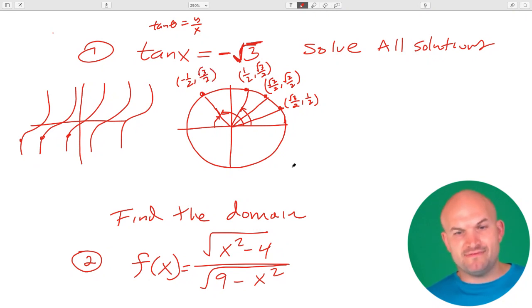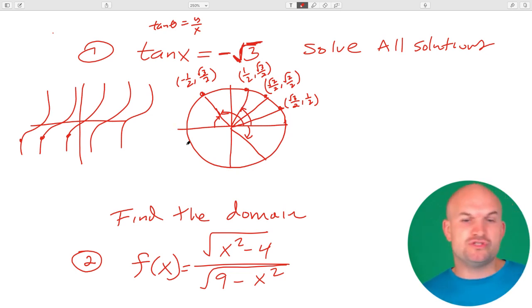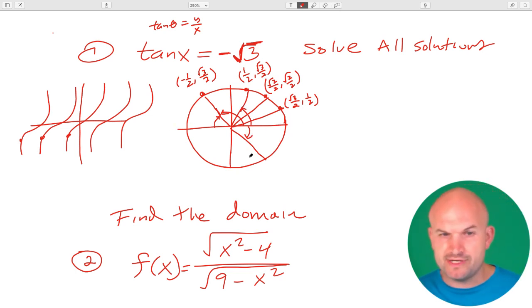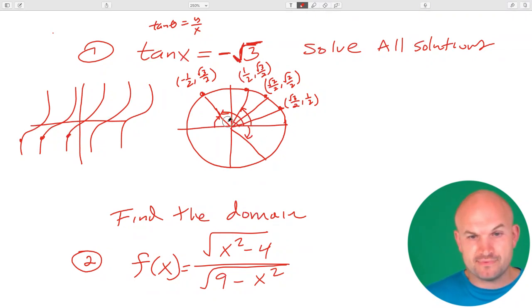Then we have this angle down here, which has the exact same reference angle of pi over 3, but now it's short of a full revolution around the unit circle, which would be 2 pi. In terms of thirds, that'd be 6 over 3 minus 1 over 3, so that's 5 pi over 3.